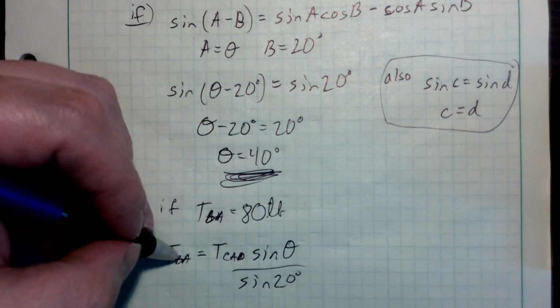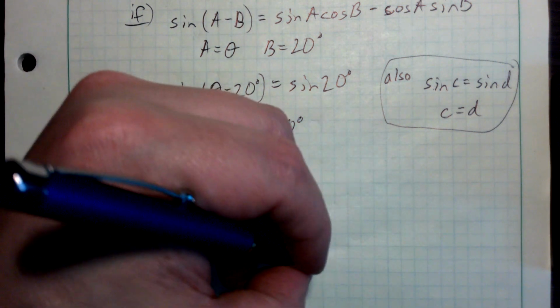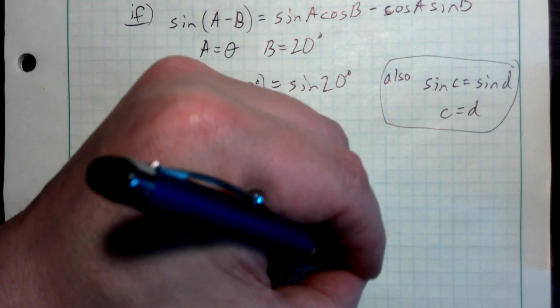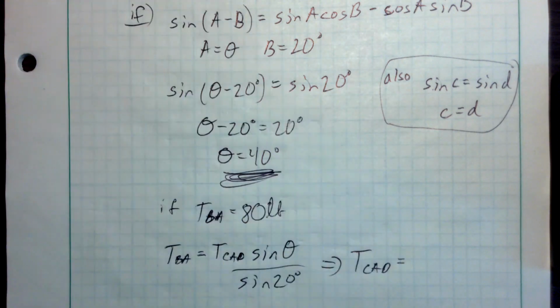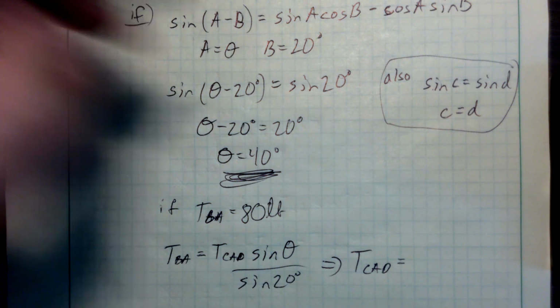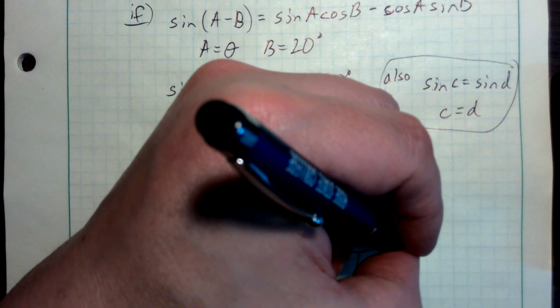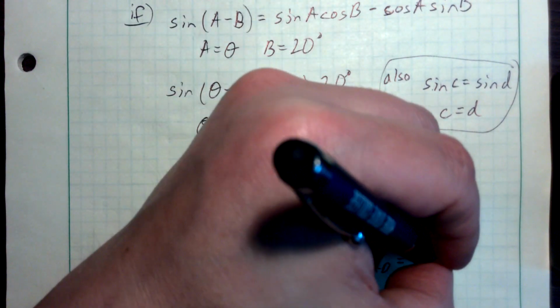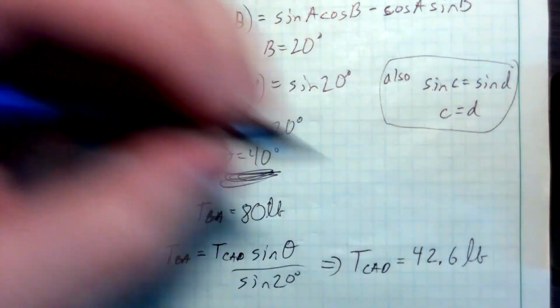If I let this be 80 and I solve for TCAD, go ahead and pause now and do that on your own. I'm about to write down the number, though. Well, if we do that, then TCAD has to be 42.6 pounds.